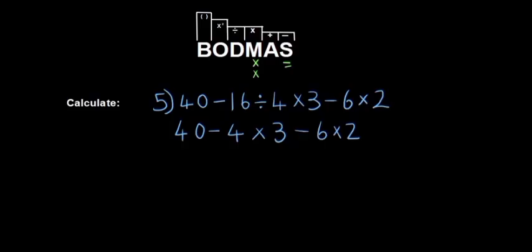Next, we're going to multiply. So we're going to multiply 4 by 3 to get a 12. And now the first multiplication is gone.